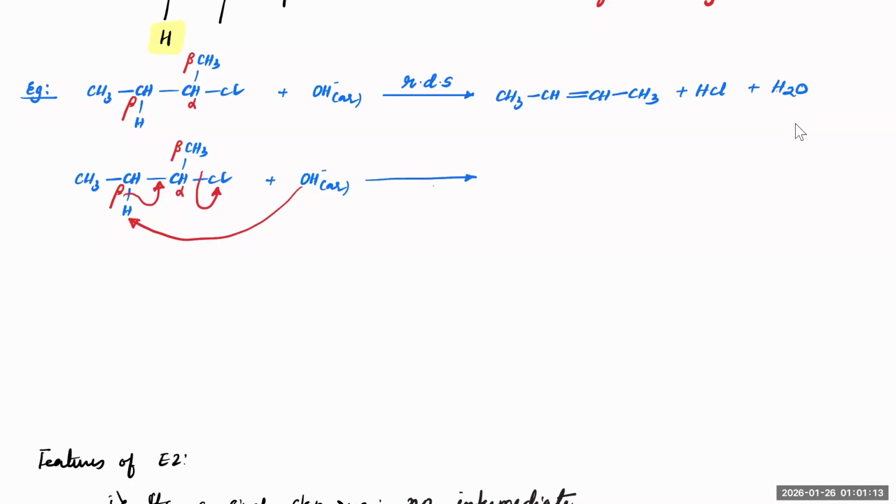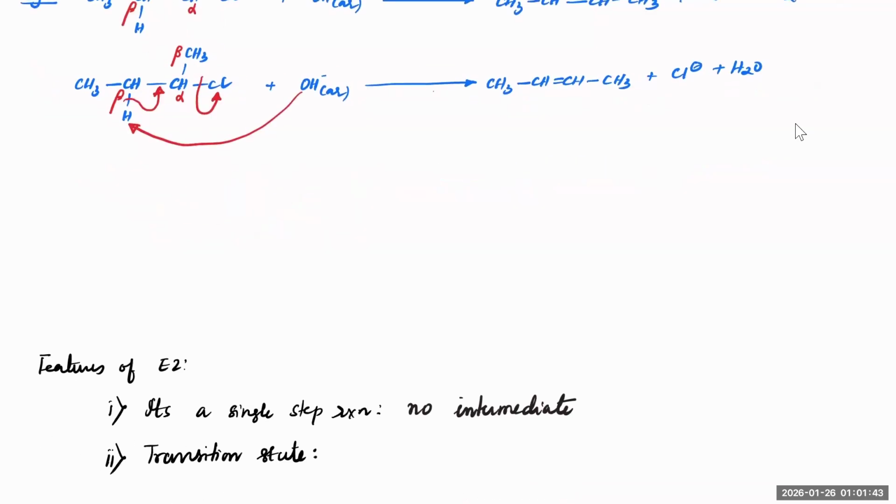And as it leaves, you will notice that it becomes CH3, CH double bond, CH, CH3 plus Cl minus, plus H2O. Got it? Here also it is not HCl, it is Cl minus. This is what you would get.